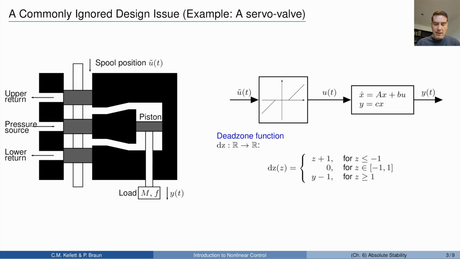So again, a nonlinear disturbance up to some extent that may impact our closed loop system, where we intend to apply in this notation here U tilde, but it goes through this nonlinearity, and then what we actually apply is this signal u of t characterized through the dead zone function.